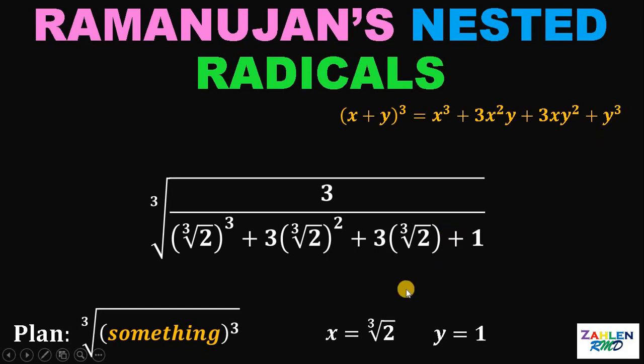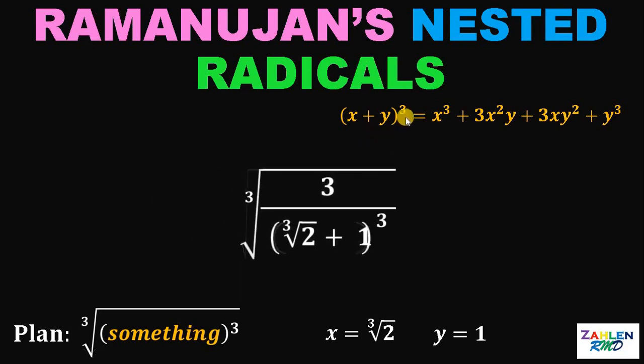If we replace x equals cube root of 2 and y equals 1, we get this expression. Therefore, the denominator of this fraction can be simplified to x plus y cubed, or simply cube root of 2 plus 1 raised to 3.